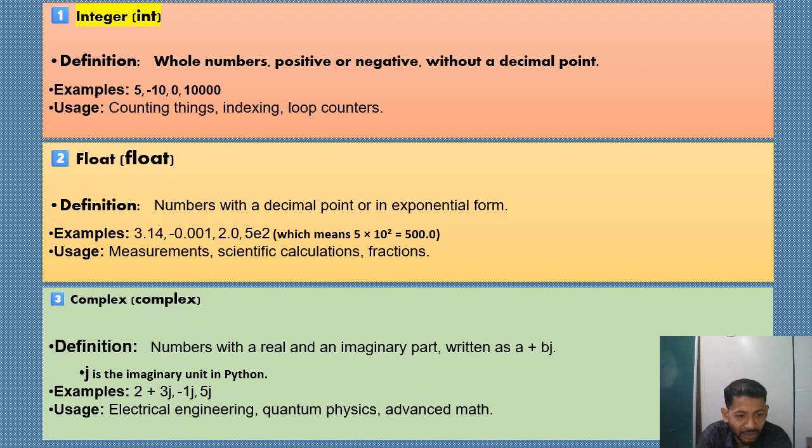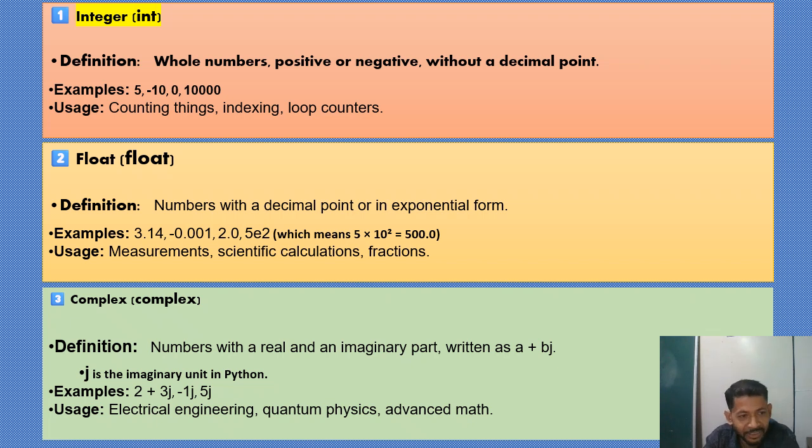Examples: 3.14, so here you can mention a decimal point, or a negative value like minus 0.001, or another mathematical term that is 5e2, which means 5, E means 10 to the power 2, so the value is 500.0. Okay.